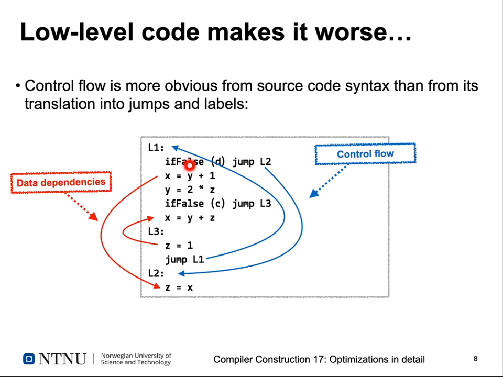And this checking of a loop condition now decides if we enter the body of our loop here, or if our loop has finished, and then we jump beyond the end of our loop to label L2, which is the label of the first statement after the end of our loop body here. So the blue arrows here, the blue arcs, indicate the control flow, and we have additional control flow, of course, in this if statement. We omitted that here.